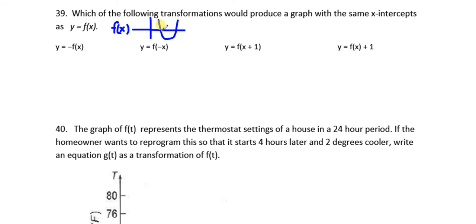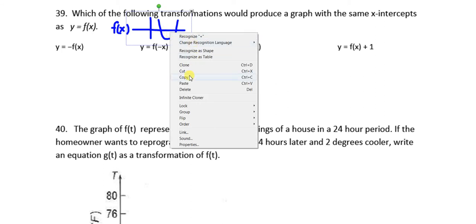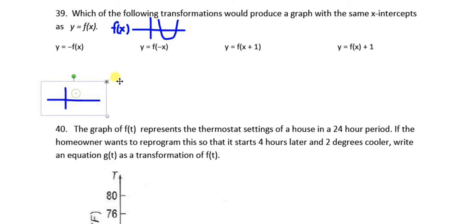and here's my x-intercepts. Well, if I take negative f of x, I'm going to do a different color. That's going to flip this thing over the x-axis. I'll copy that and paste it here.